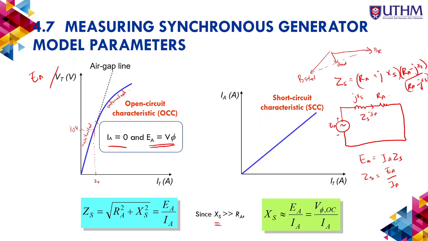Sometimes even if you include the RA, the result is slightly different. Not a very big difference, but very slight. For example 1.04, and when you ignore it, you will get 1.02. So just 0.02 difference.